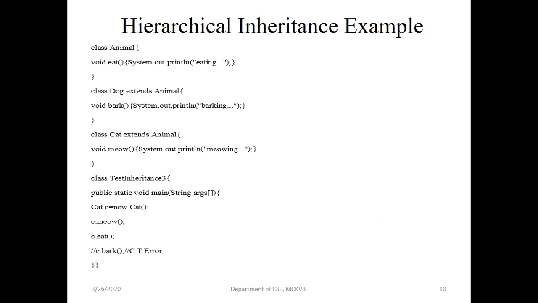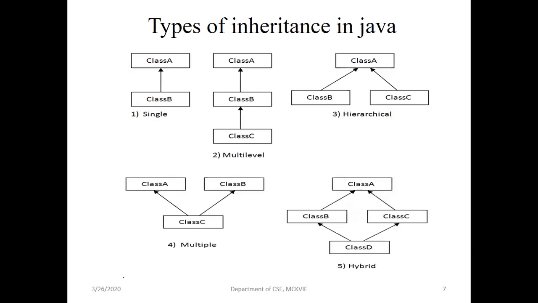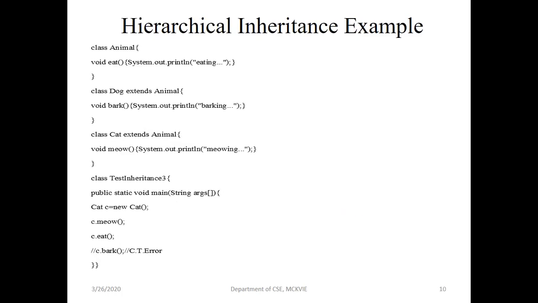Next, hierarchical inheritance. Try to remember the representation of hierarchical inheritance. It is class A, and class B and C as the children of class A. This is the hierarchical inheritance. So here in this example, class animal, that is class A. Eat method is defined over there.